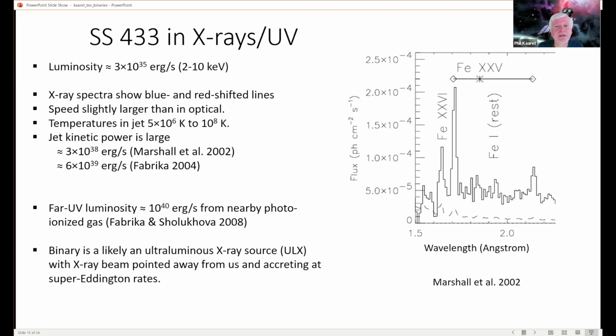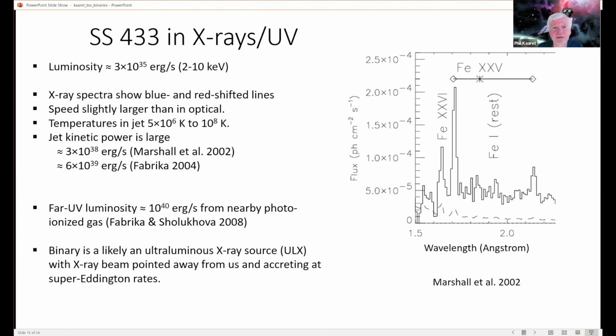So SS433 in X-rays and ultraviolet: the luminosity in X-rays itself is not notable. It's 3 × 10^35, which is like a standard neutron star low mass or high mass X-ray binary sort of luminosity. But the source, of course, was discovered back in the 70s or early 80s with red and blue shifted hydrogen emission lines that showed the jets clearly contain hadrons and they're moving at speeds of about 0.27 c.